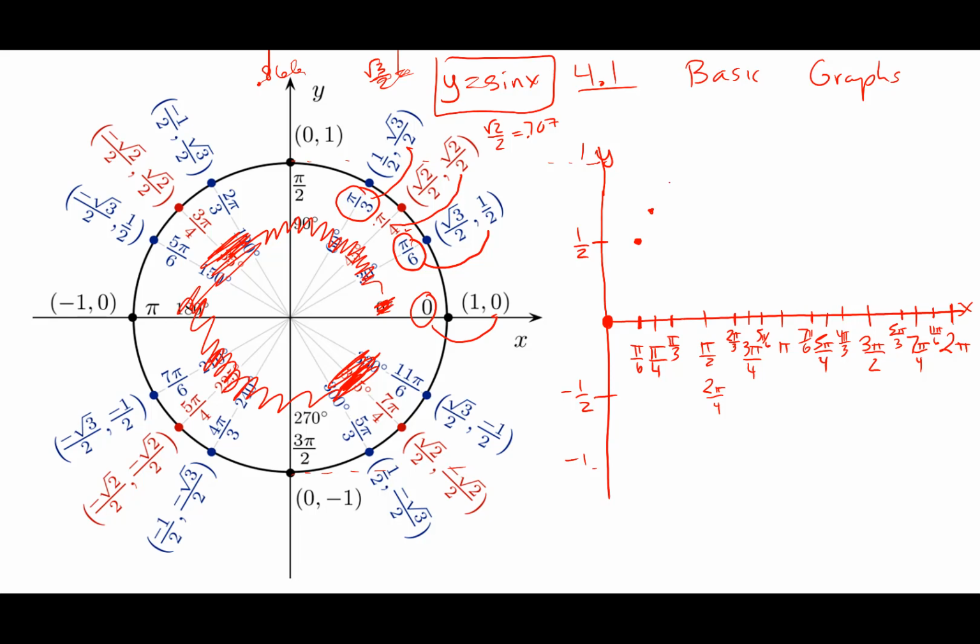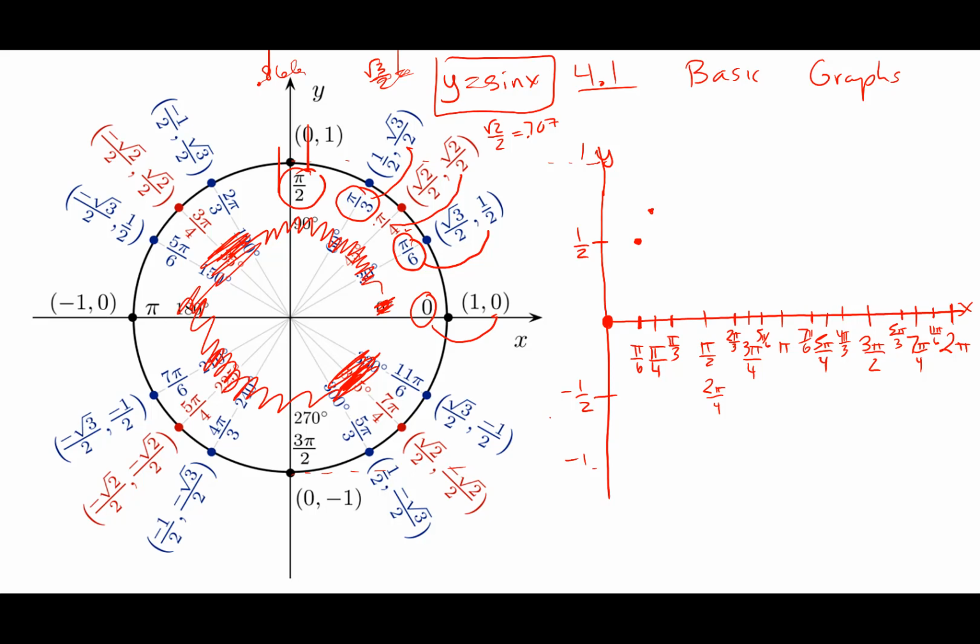And so we go over here, it's about right there. Alright, at pi over 2, it is 1. So that one's going to go all the way over here. And pi over 3 should have been about right there. Didn't graph it there. Okay, so that's how we're forming our sine function.